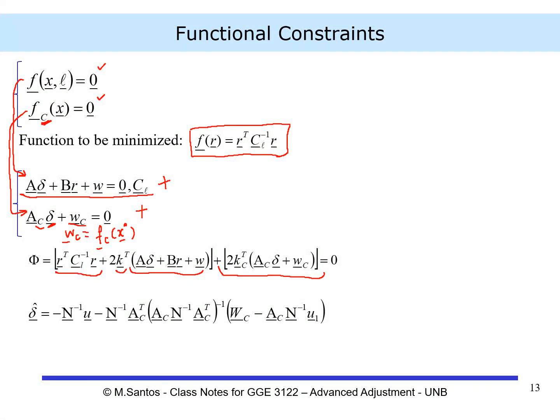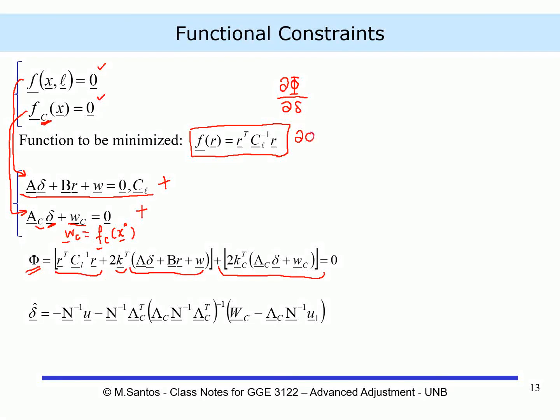Here we have the Lagrange correlates. This here is the variational function. What happens then is that we compute the partial derivatives of the variational function with respect to the unknown parameters.